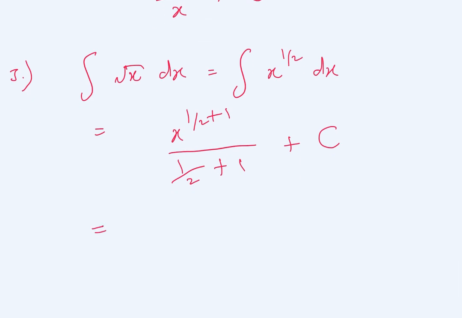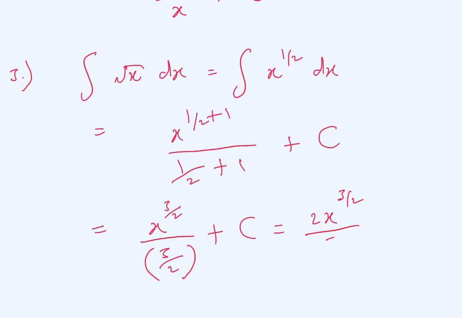Now you add half and 1 and you get 3 over 2. So this is going to be x to the 3 over 2 divided by 3 over 2 plus c. You can rewrite this as 2x to the 3 over 2 over 3 plus the arbitrary constant c.